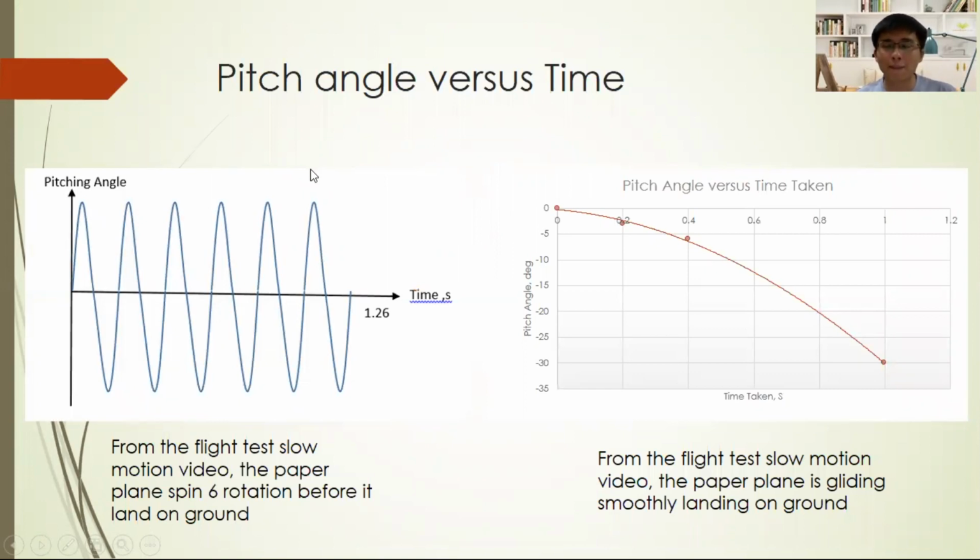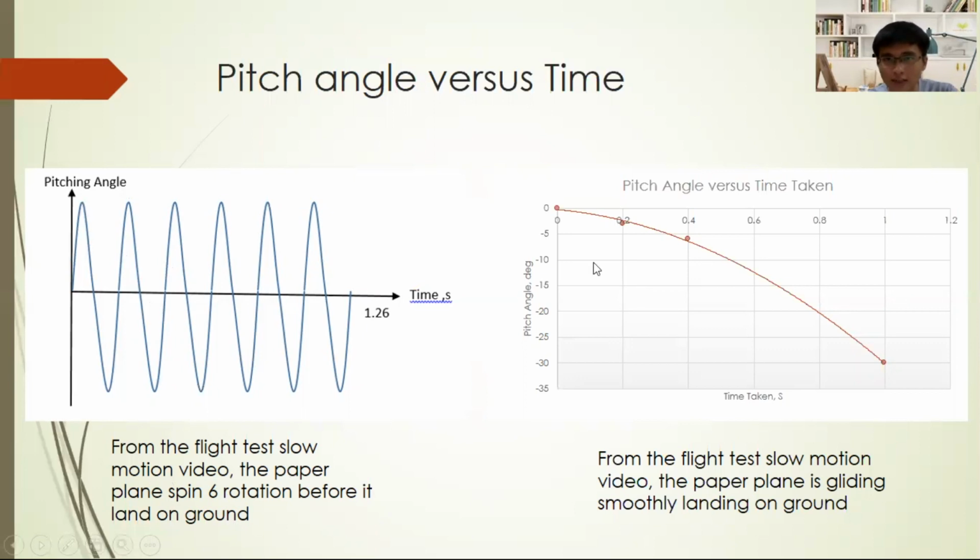From the left hand side is my paper plane without any weight, and the right hand side is the paper plane with weight. So from here we can see 2 different graphs. From the left first, I did the slow motion video. I can see my paper plane spun 6 rotations before it landed on the ground, so it has a sine curve like this, where the pitching angle is positive, negative, positive, negative.